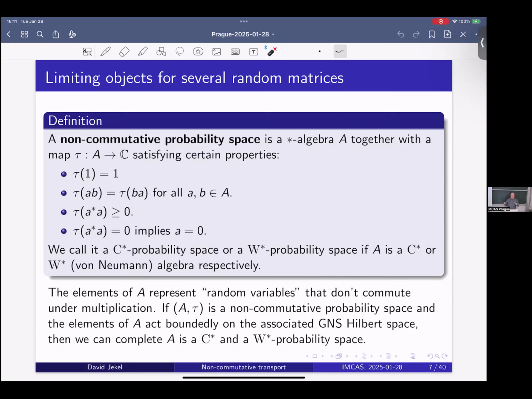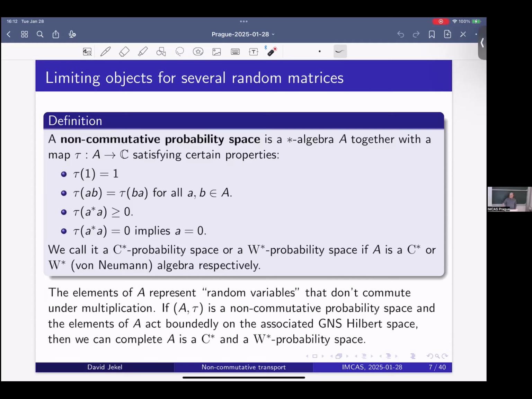And you can define this without necessarily having a von Neumann algebra. Okay, so the intuition, like I said, is that elements of A are something like random variables, but they just don't commute when you multiply them. But you can try to pursue and treat it as if it's a probability space, and these are random variables, just without commutativity.